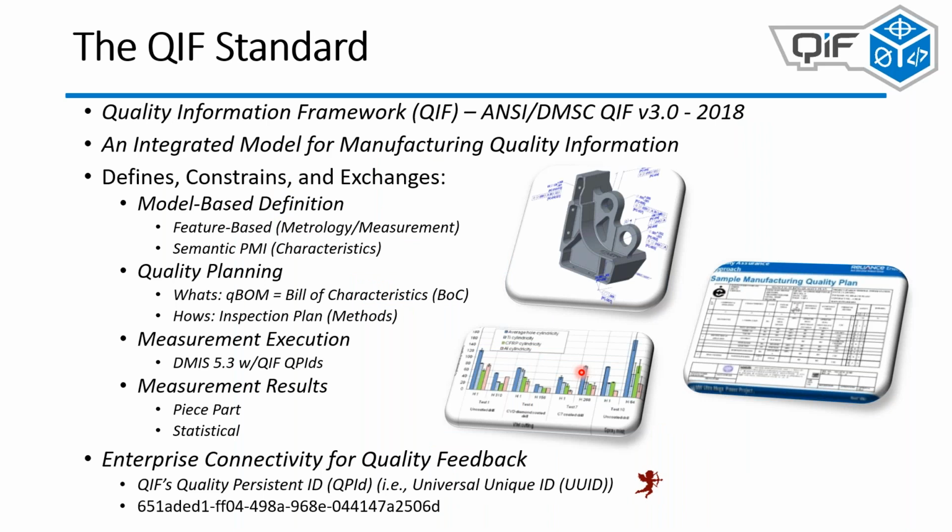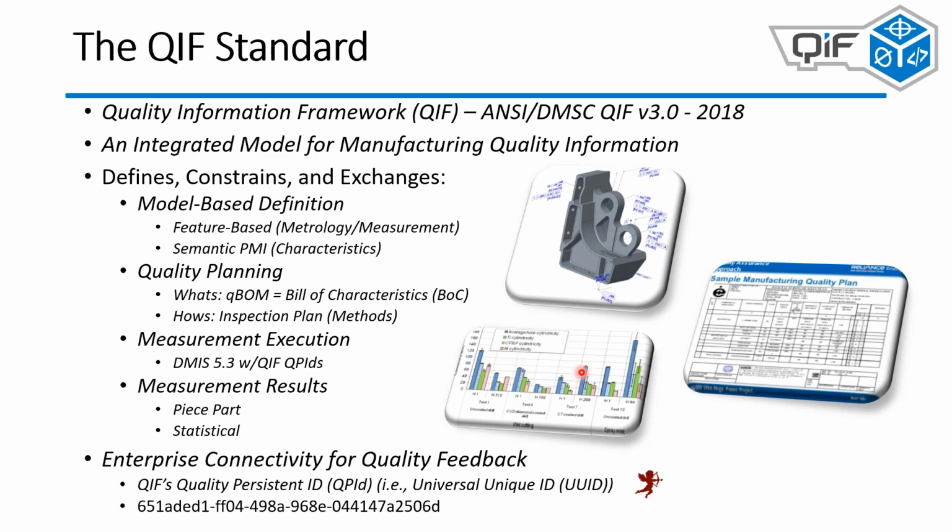So, a quick slide on what the QIF is. It is currently called ANSI DMSC QIF version 3.0 2018. The name of it is actually an integrated model for manufacturing quality information. Within it, it's divided into four major areas, or really three.